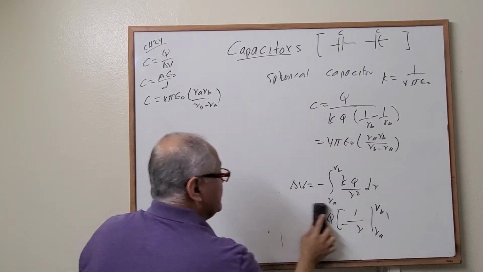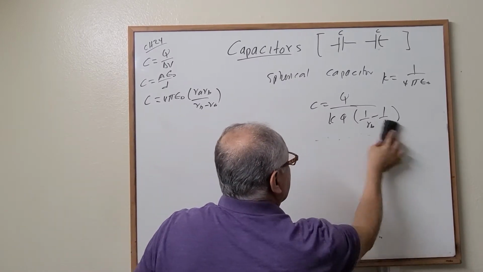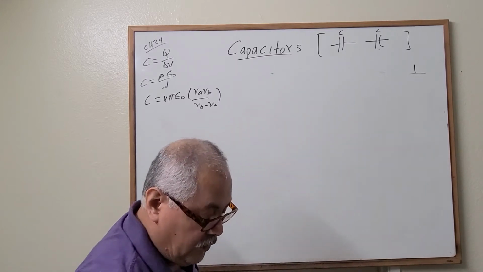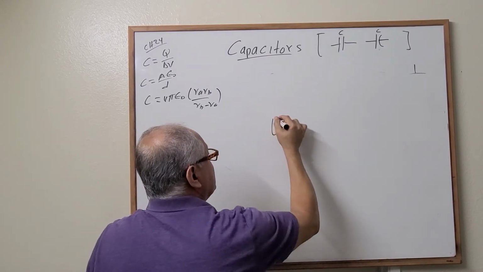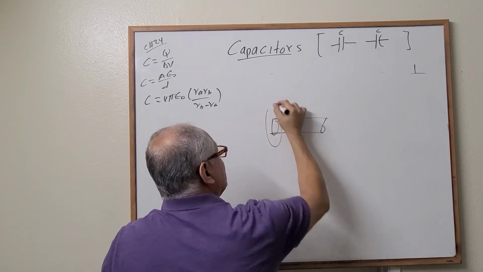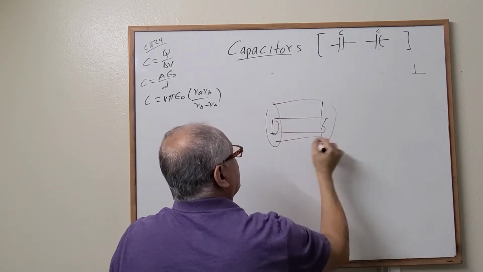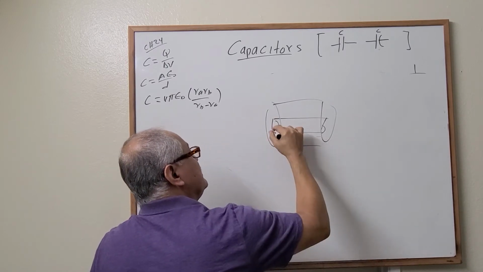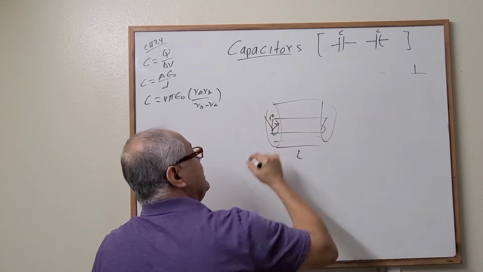Also we have the capacitance for a cylindrical capacitor, correct? Imagine this is the cylindrical capacitor. Imagine the same thing as before. This is L. Imagine this is R sub A. This is R sub B, right?